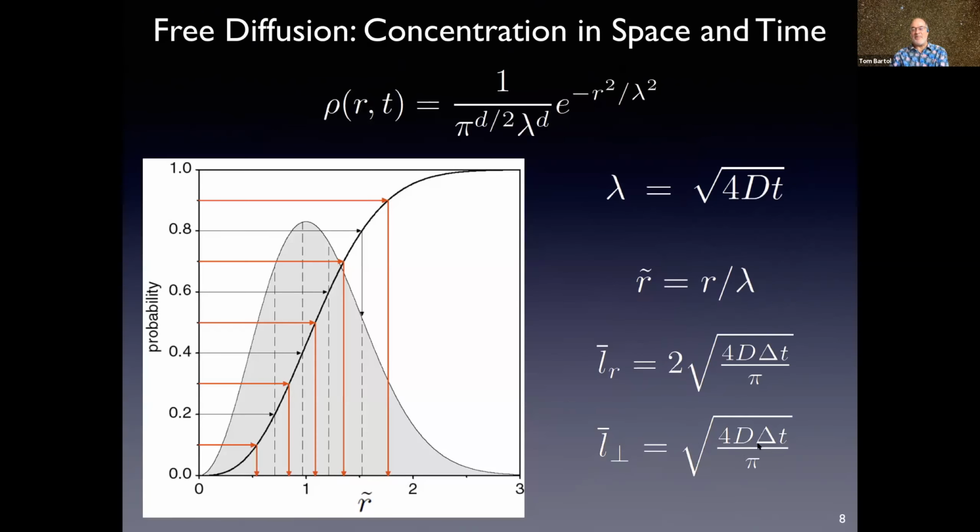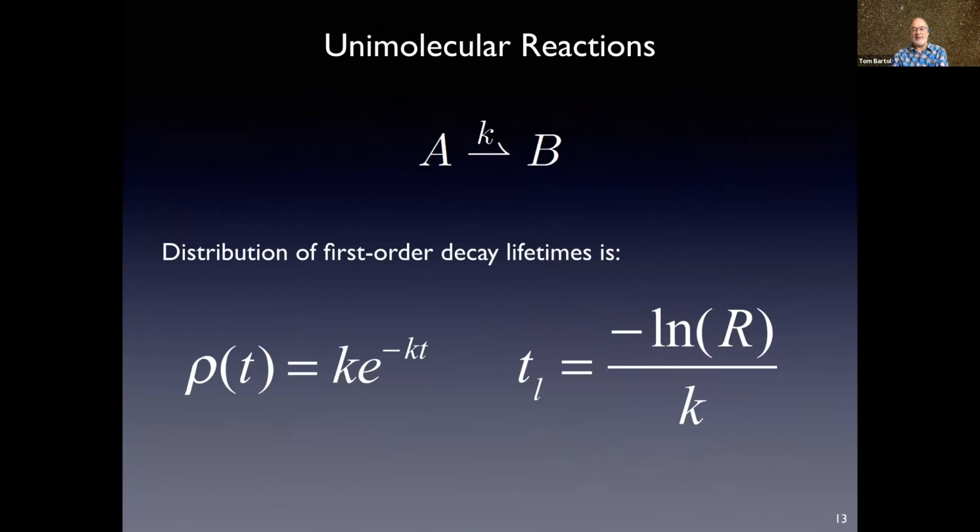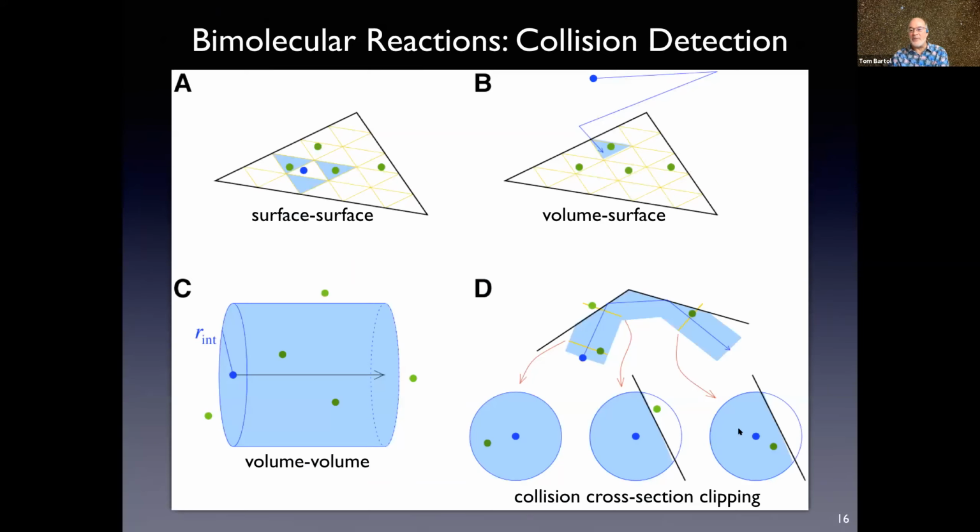And this is because of treating them as little straight lines rather than the true tortuous path that they would have taken at a shorter delta t. Okay.